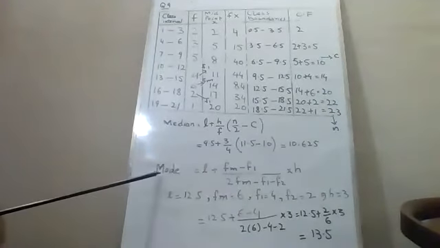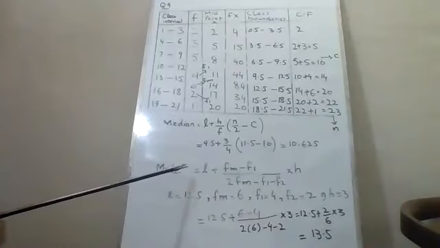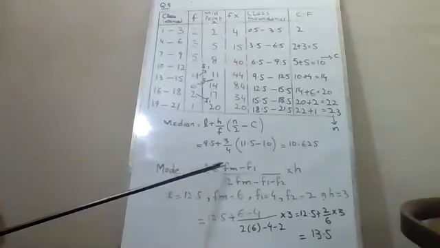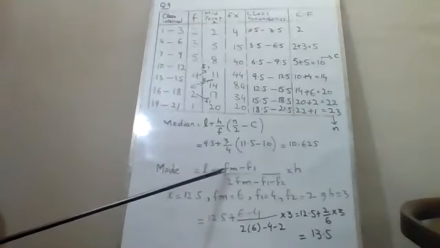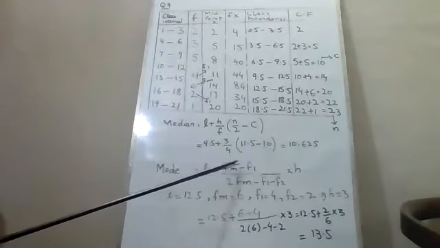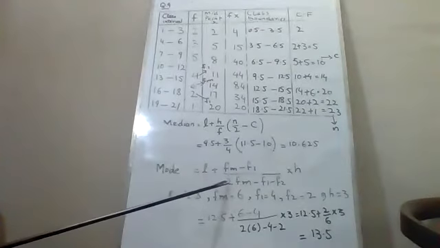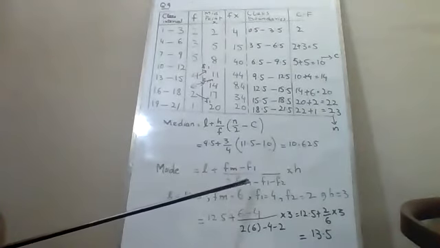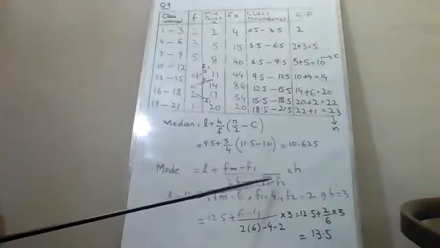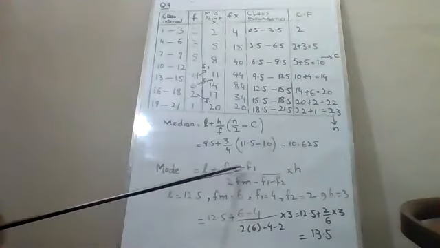Now we want to find the mode. The formula for mode is L plus fm, where fm means maximum frequency, minus f1. f1 is the frequency which is before fm, over 2 fm minus f1 minus f2. This f2 is the frequency which is present below fm.